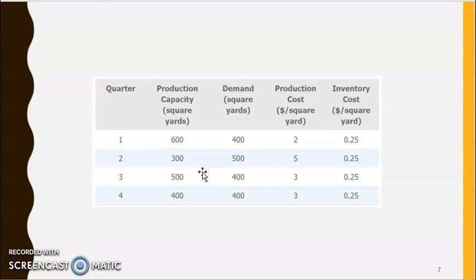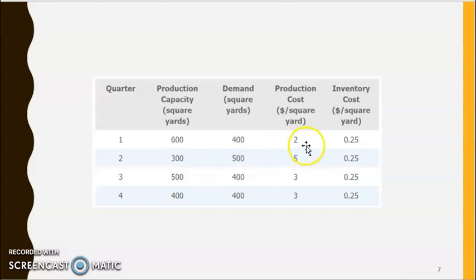And another point, here we didn't consider the situation in which you can dismiss the demand and pay the fine for that, because sometimes the manufacturer prefers to pay the fine for not satisfying the demand, because the cost of overproduction or the cost of storing is more than that fine.